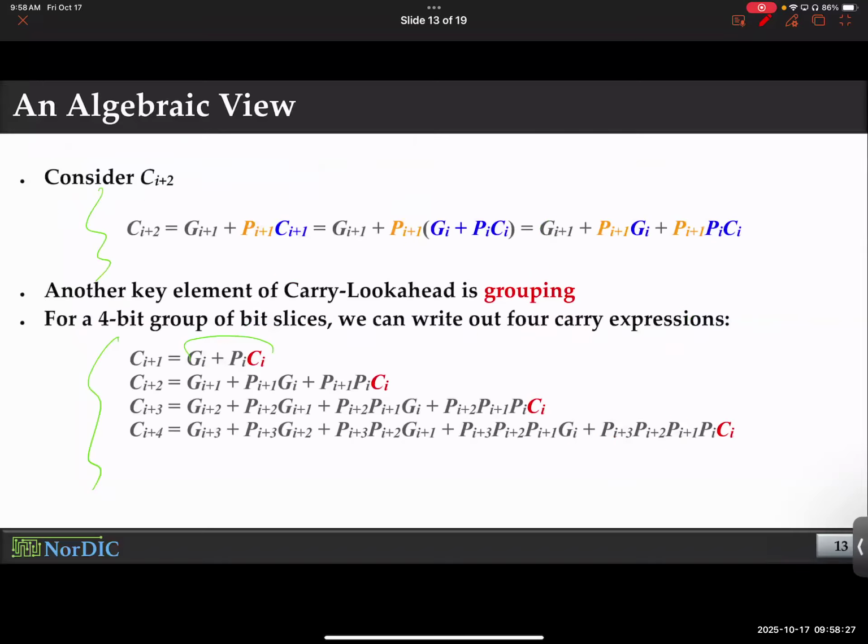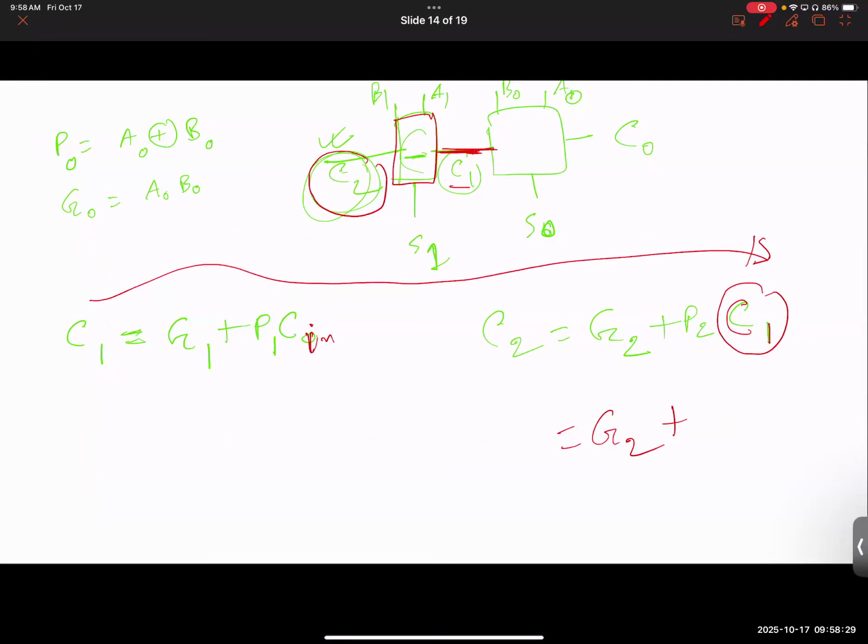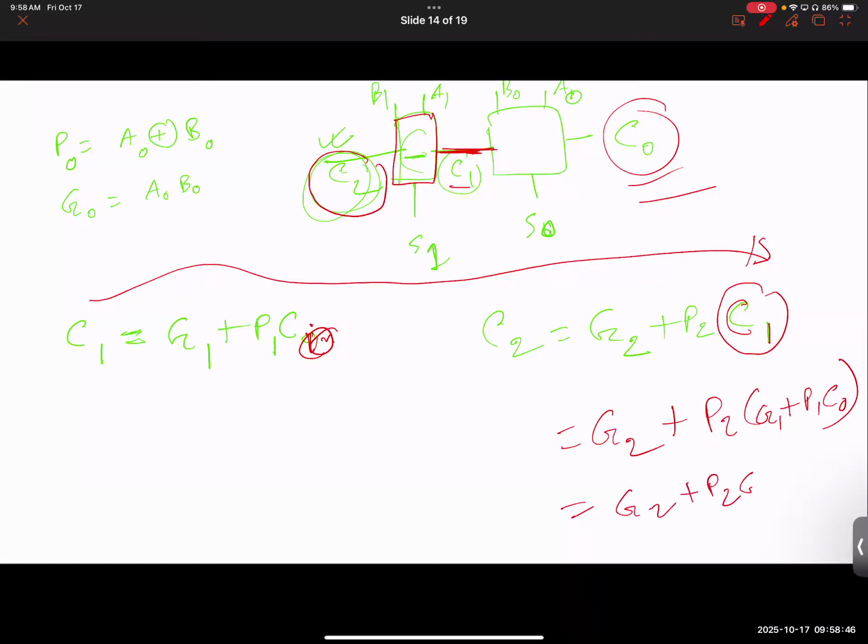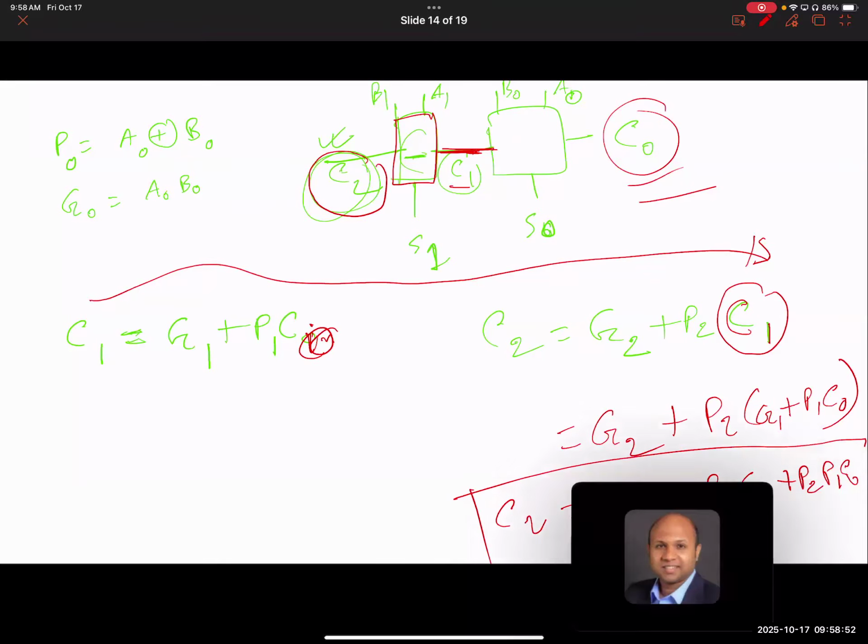Then it is G1 plus P1 times G0 plus P0 C0. Then if you calculate it further, G1 plus P1 G0 plus P1 P0 C0. So you can express C2 in terms of C0.